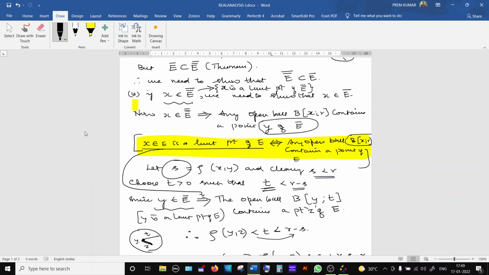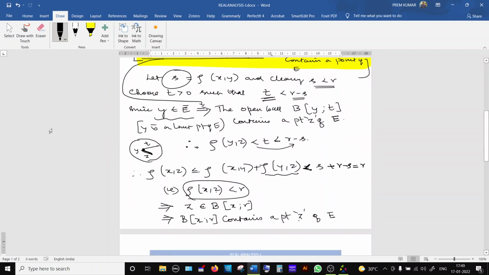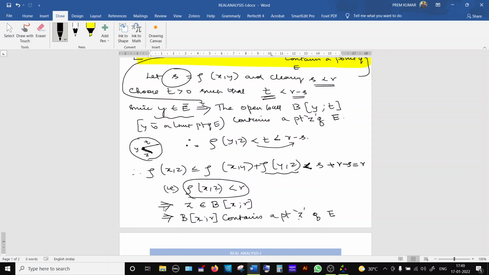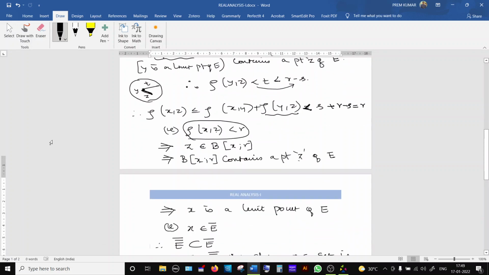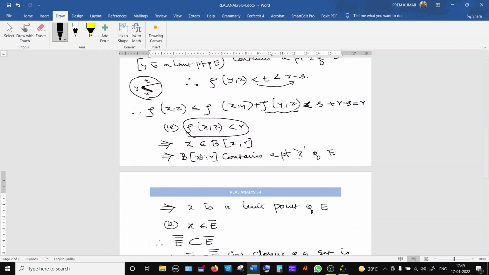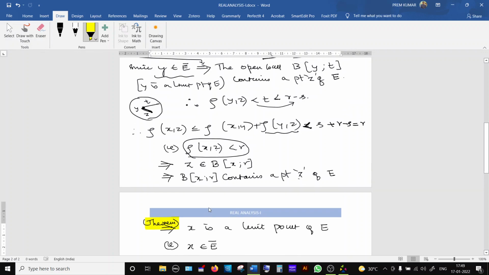Okay, so this is the main theorem we use. And here, from this step to this step, we use that theorem. I will highlight this. This theorem we have used, that's why we got this implication here. This implies this is a limit point of E.